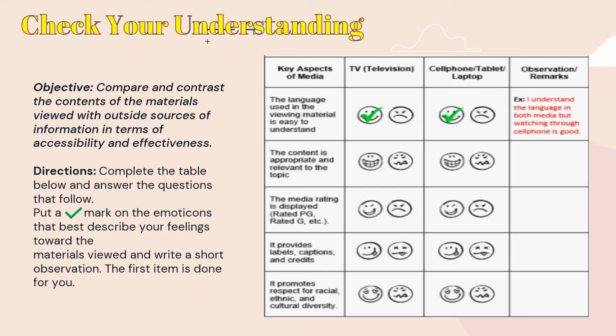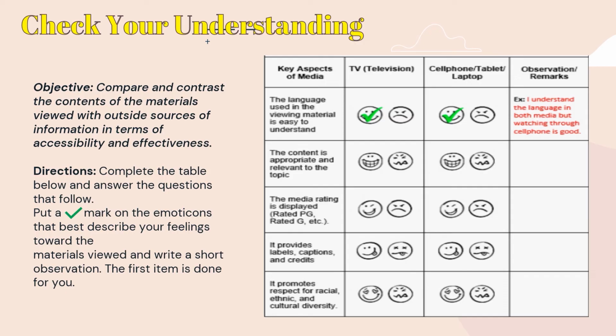Okay, you have there the key aspects of media, like the language used in the viewing materials. Is it easy to understand? The content, is the content appropriate and relevant to the topic? Or the media rating is displayed ba? Like, is there a rating of PG or G or etc. on the stream that you have watched.